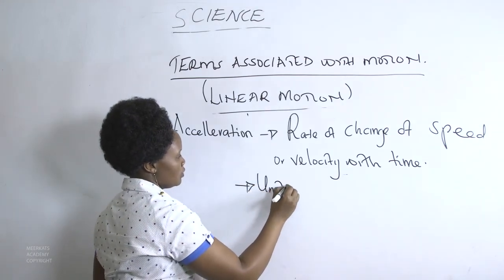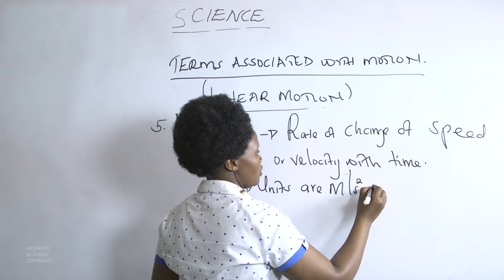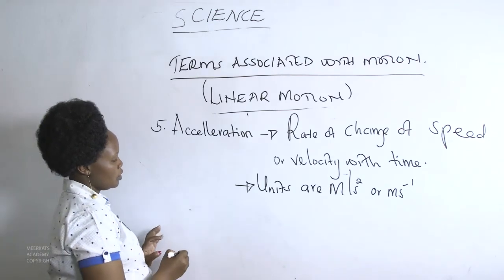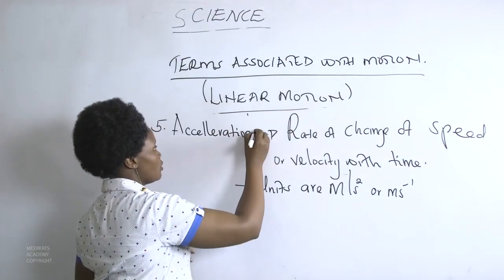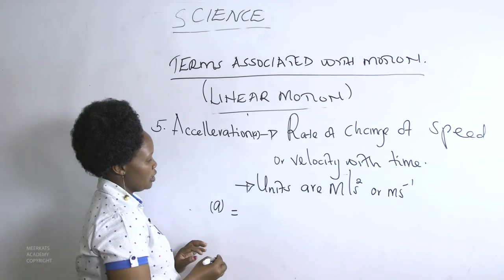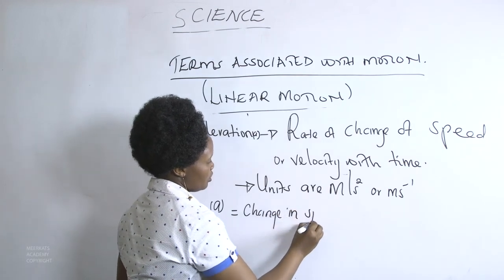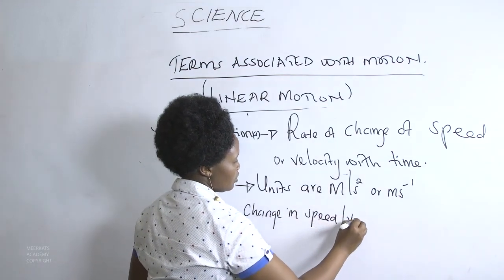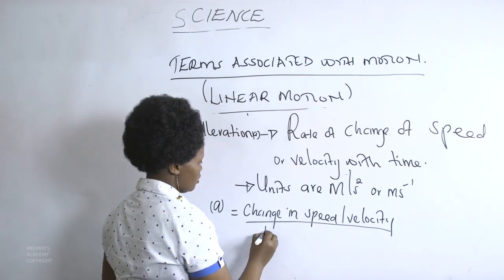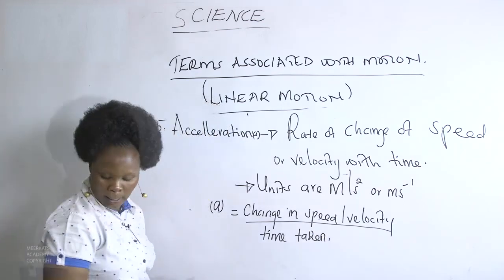Units are meters per second squared, and the acceleration, which is written as small a, numerically is given by change in speed or velocity divided by the time taken.